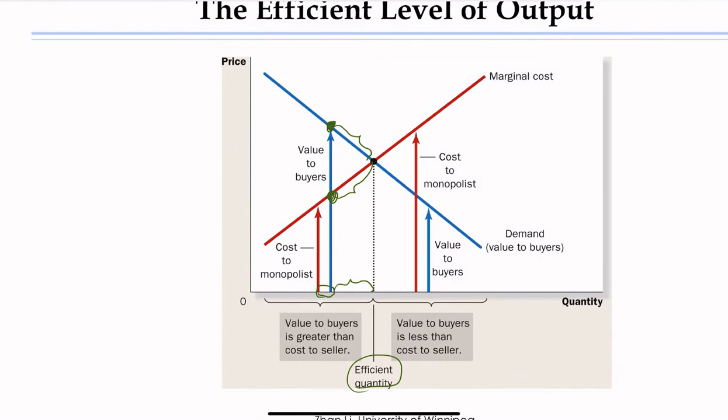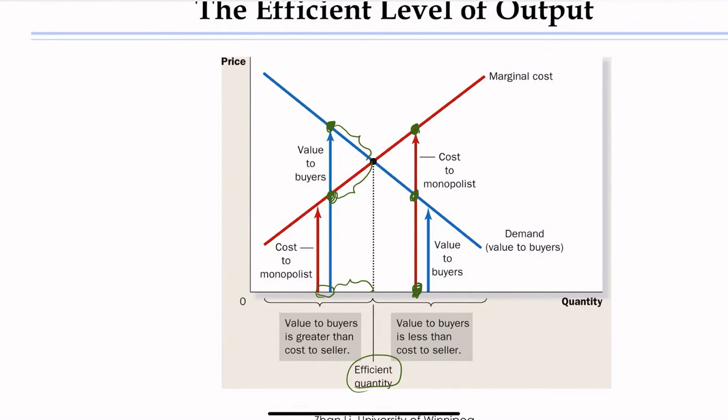And then if you look at this quantity, which is higher than the efficient quantity, here you're getting the opposite result. That is, the marginal cost, or the cost to the monopolist, is actually larger than the willingness to pay of buyers, right? Because the cost is here and the willingness to pay is here.